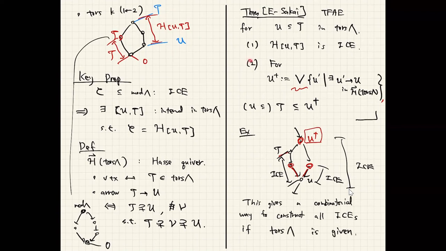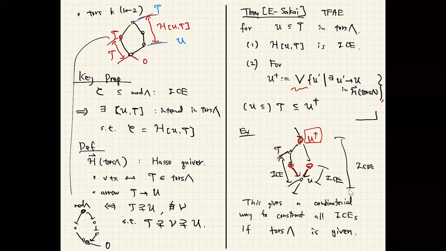So the second condition is just a purely poset-theoretical condition. And by this key proposition, every ICE-closed subcategory is obtained in this form. So every ICE-closed subcategory is obtained by first choosing U, then computing U^+, then for each T between U and U^+, the heart H_UT is ICE-closed, and every ICE-closed subcategory is obtained in this way.